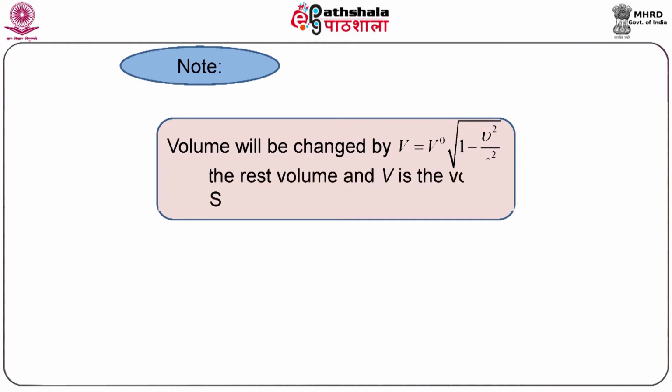Here capital V0 is the rest volume, while capital V is the volume in the fixed frame S, small v is the velocity of the frame S dash with which it is moving with respect to fixed frame S, and c is the speed of light, which is a universal constant.